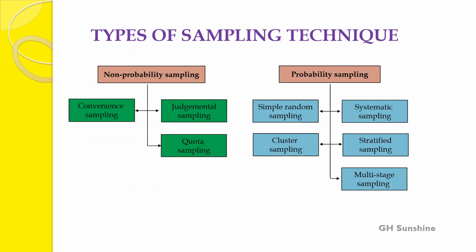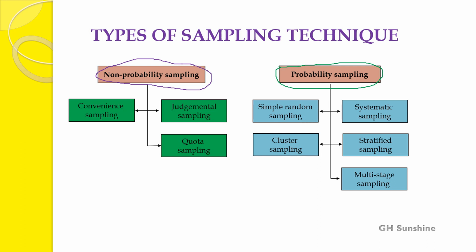So this one is types of sampling technique. There are two types of sampling technique as I mentioned earlier. Non-probability sampling, first one, and then second one is probability sampling. For non-probability sampling, we have three sampling techniques to be covered. First one is convenience sampling.